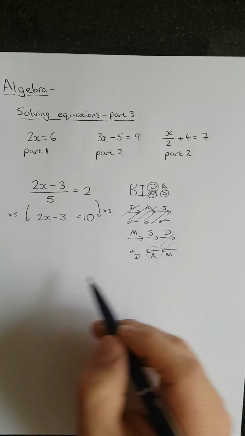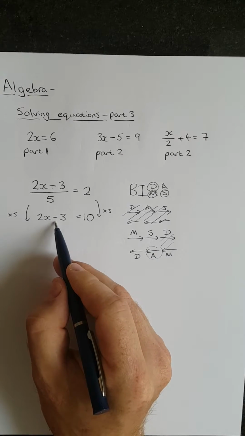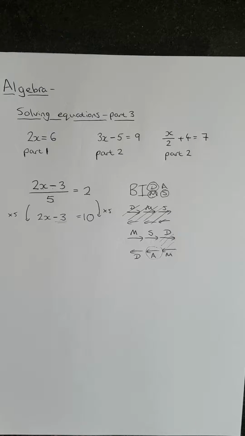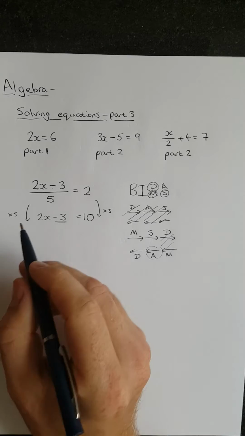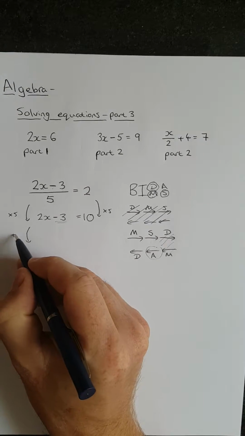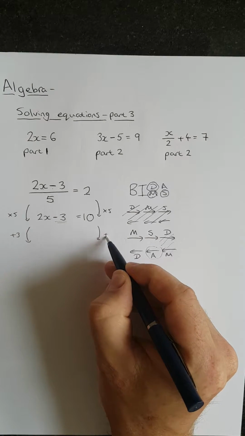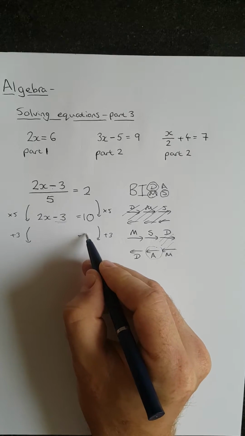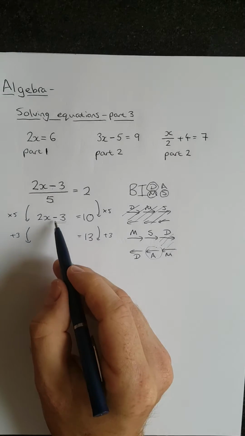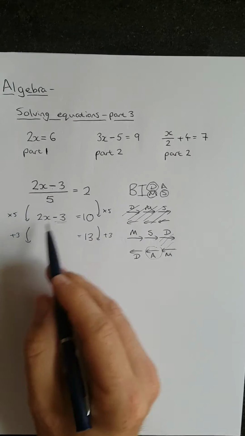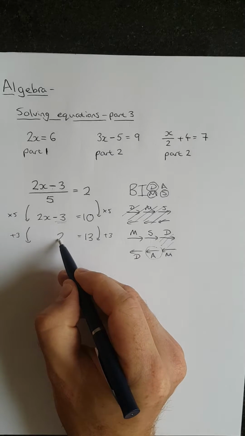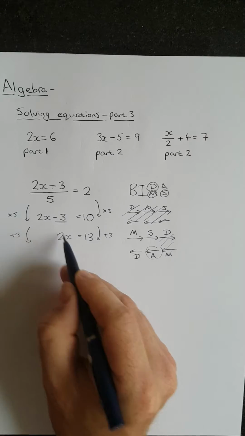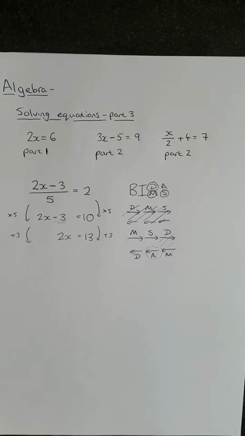Now it's time to add. What do I need to add? That's right. I'm going to add 3. So that becomes 13, and the subtract 3, or minus 3, is gone. So I'm just left with 2x.